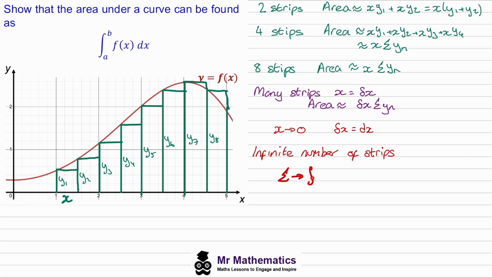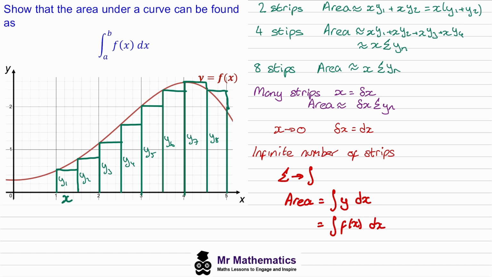And this is the symbol that we use when we want to add up an infinite number of strips. So the area under the curve will now be the sum of all the y values multiplied by the length of each strip, which is dx. And we're told here that y is f of x. So the area becomes the integral of f of x with respect to x.